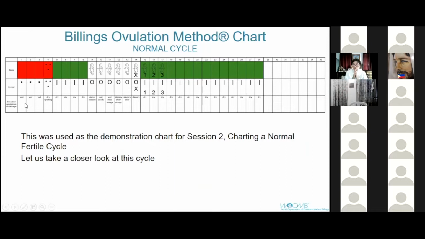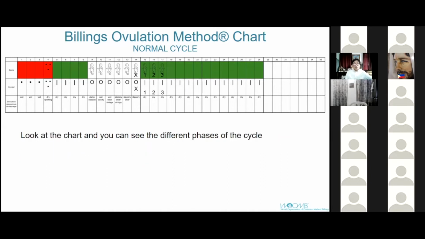So let's try to look at a normal fertile cycle. This was used as the demonstration chart for session 2, charting a normal fertile cycle. Let us take a closer look at this cycle. Look at the chart and you will see the different phases of the cycle. Menstruation, days 1 to 3. Take note of that. Day 4 is not menstruation.